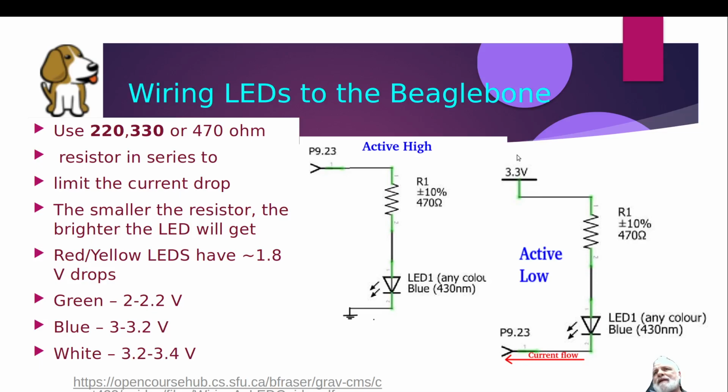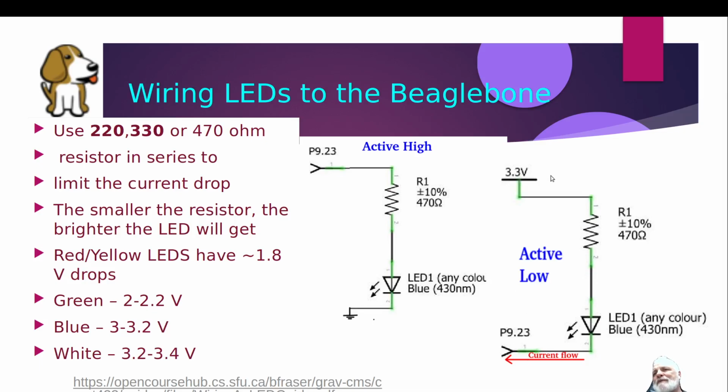Now, on the other hand, if you just wire 3.3 volts to the high side of your resistor here, and then you put your pin down here, when the pin goes low, the LED will come on. So if the pin is high, you have 3.3 here, 3.3 here.